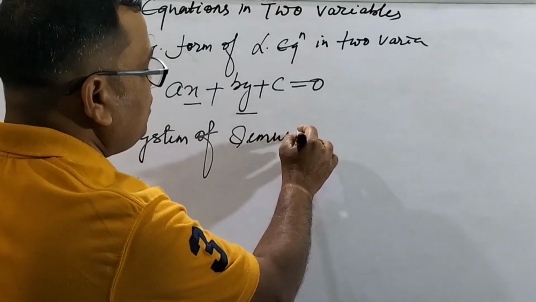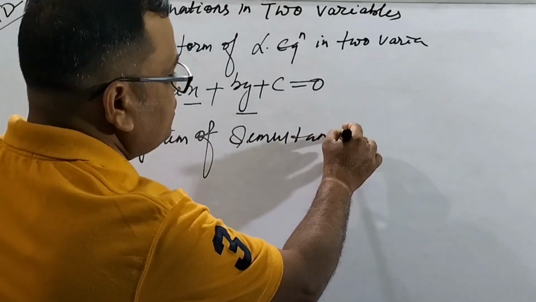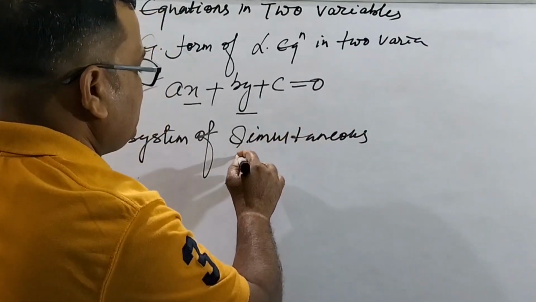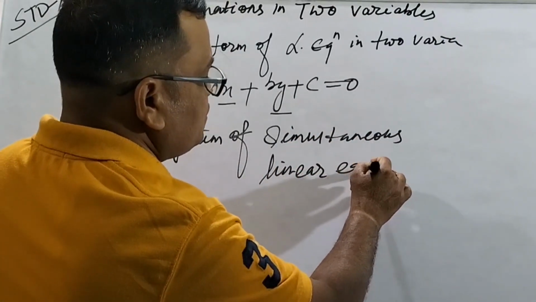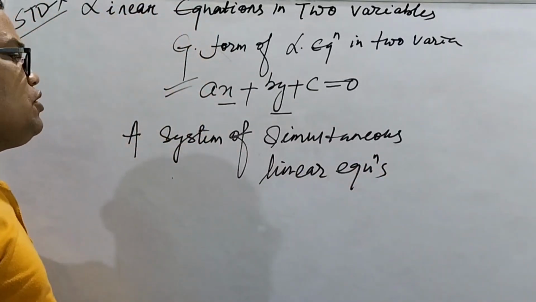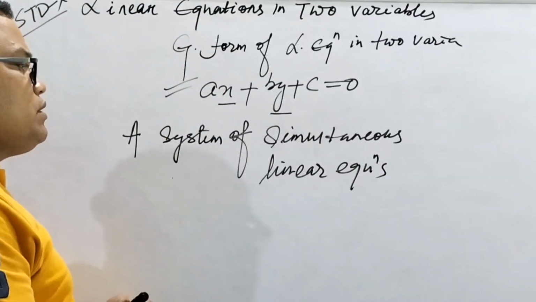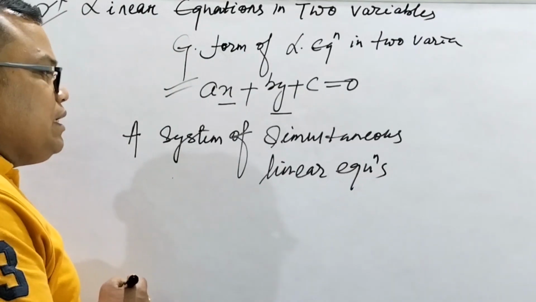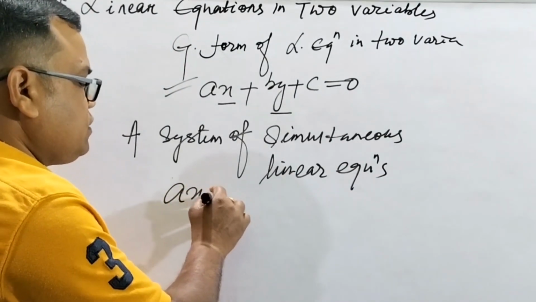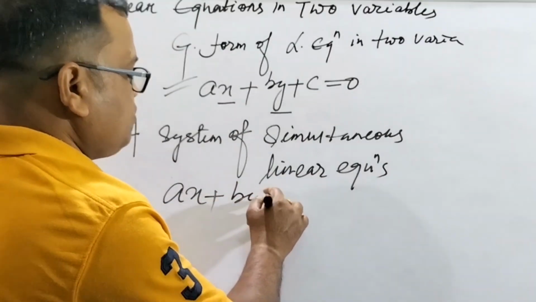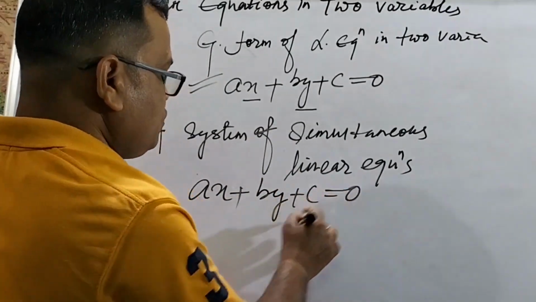simultaneous linear equations. A system of simultaneous linear equations means a system of linear equations would be given like this: a1x plus b1y plus c1 equals 0.